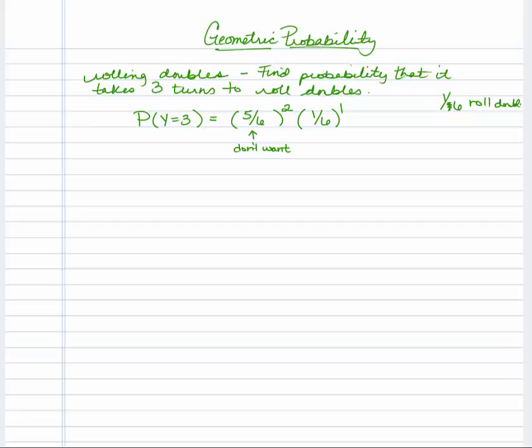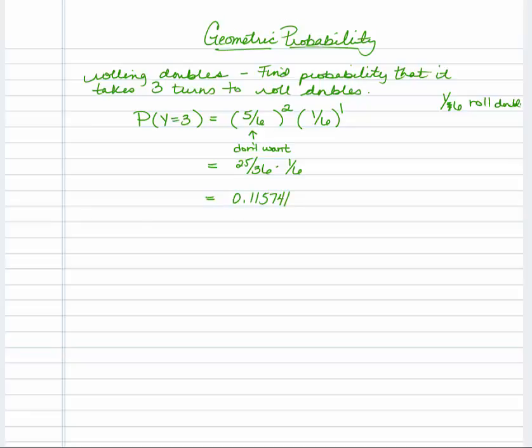That's the formula for geometric probability. 5/6 times 5/6 is 25/36. 1/6 to the first power is 1/6. I'm going to let my calculator do some math, and it works out to 0.115741.